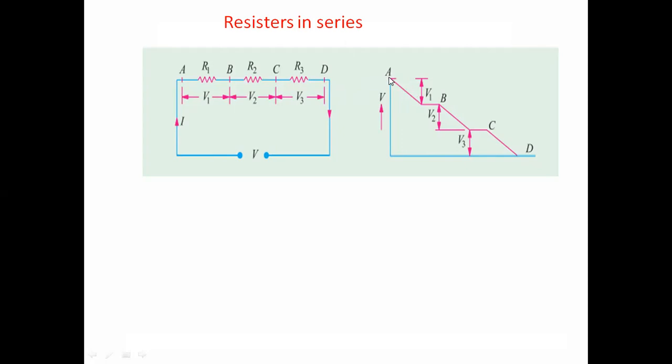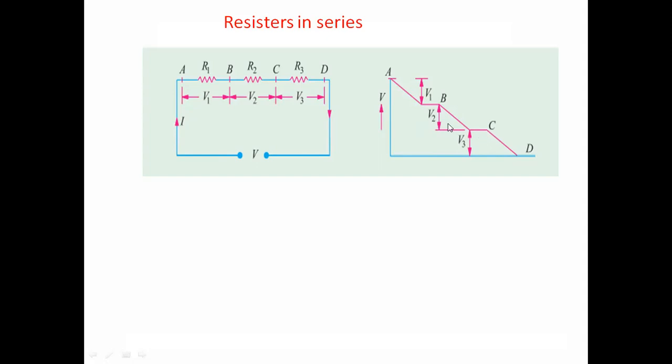Initially the voltage is at this point A, this much value. Due to the voltage drop across R1, the applied voltage is dropped to this position, because of the value of the resistor. After B, due to resistor R2, again there is a voltage drop from B to C, that is V2.